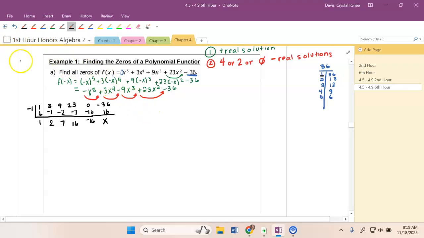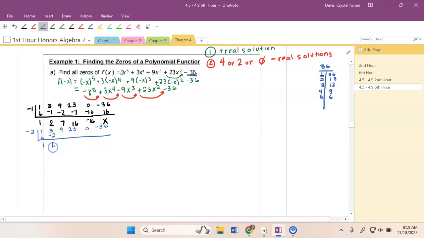So if negative 1 isn't a zero, I'm just going to try negative 2. So 1, 3, 9, 23, 0, negative 36. Bring my 1 down. 1 times negative 2 is negative 2.